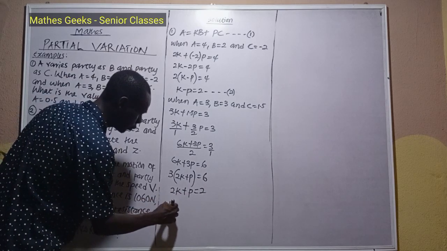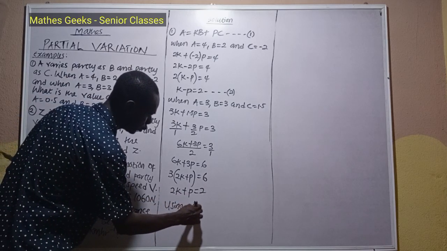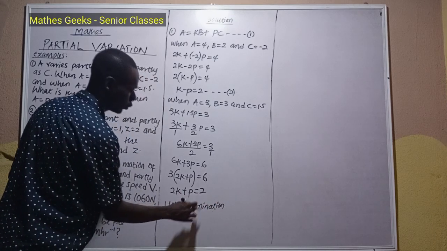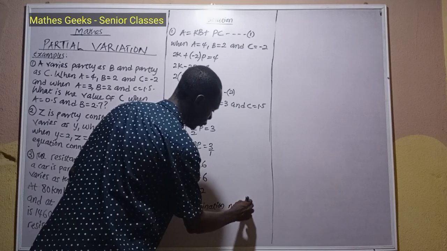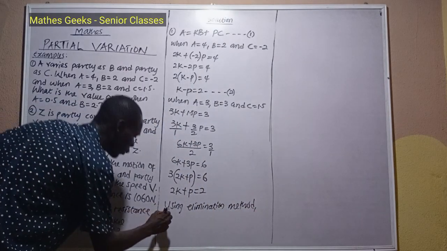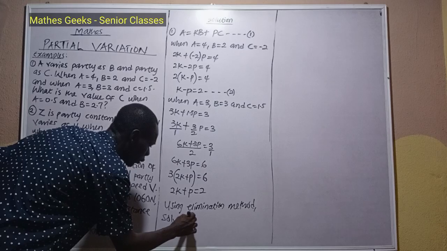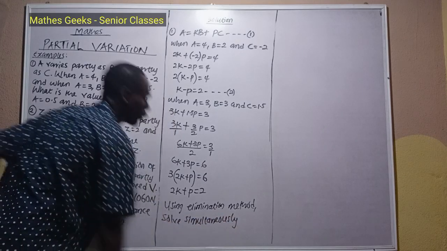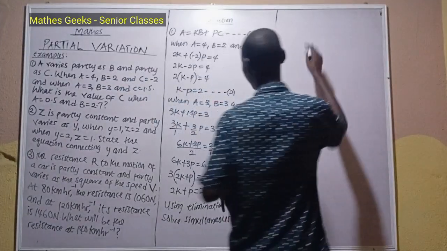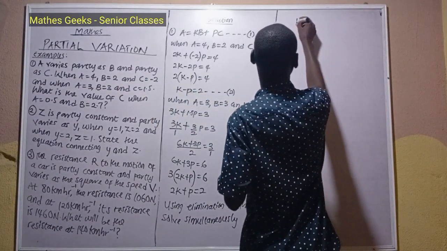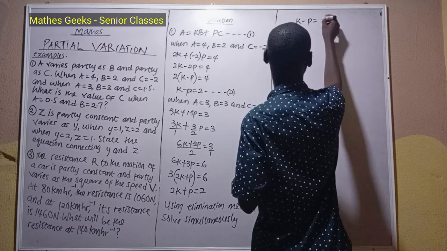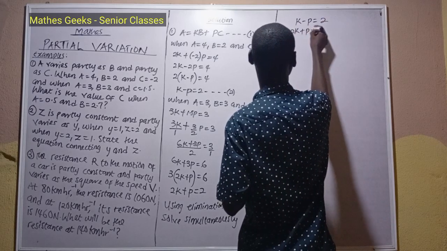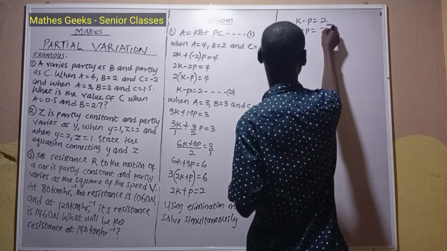So we are using the elimination method to solve simultaneously. Equation 2 is k minus p is equal to 2, and 2k plus p is equal to 2 as well.